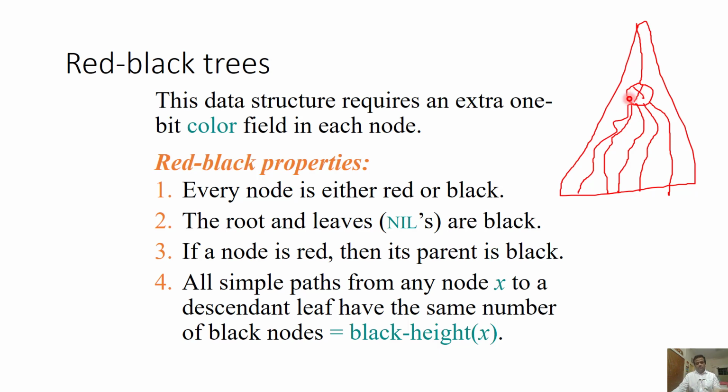So, if these properties are satisfied by a binary search tree, then it is called a red black tree, and we will see why it is balanced. We will see the height of this data structure is order of log n.